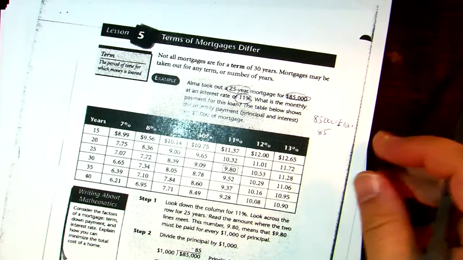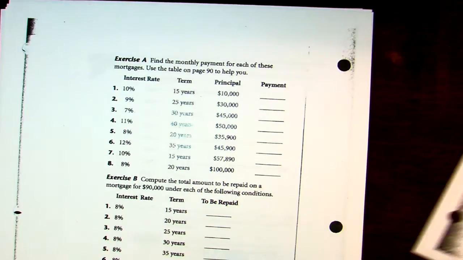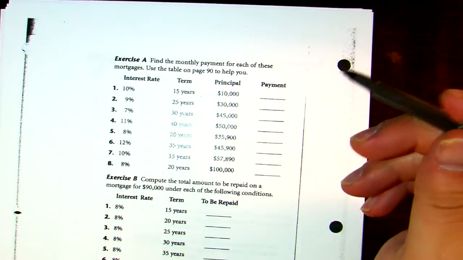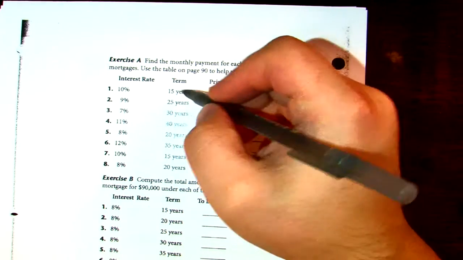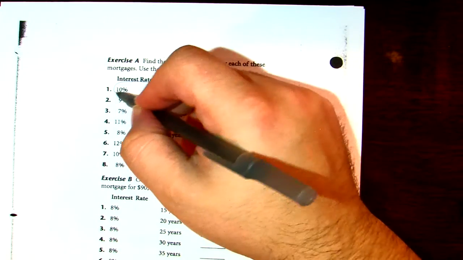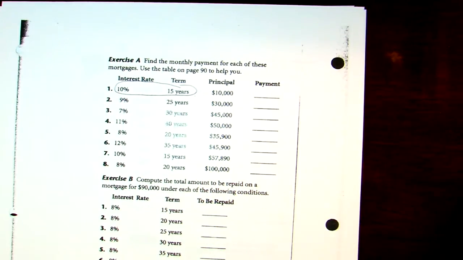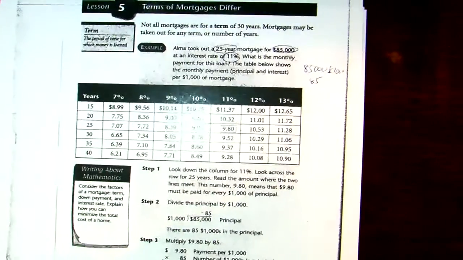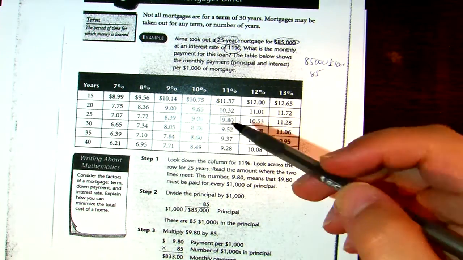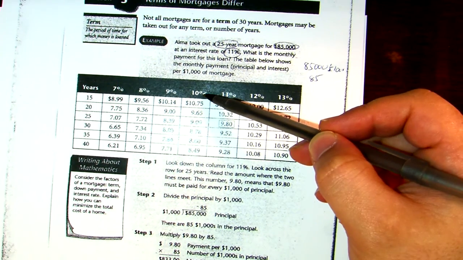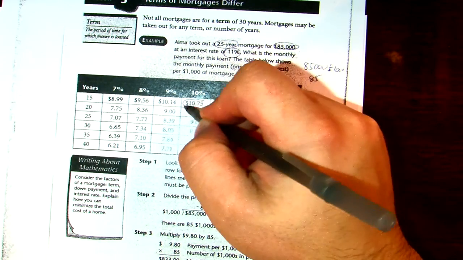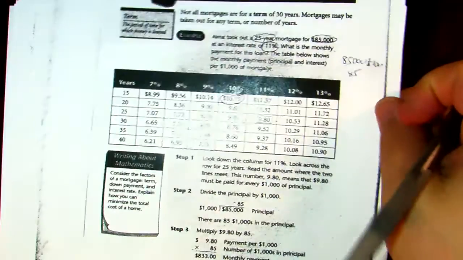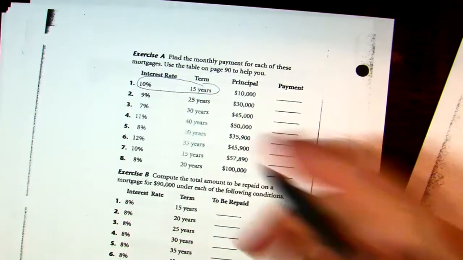So let's do an example on the other side here. It says we have a 10% interest rate at 15 years. So we need to know that: 10% at 15 years. Go back to our chart. 10% at 15 years is 10.75.